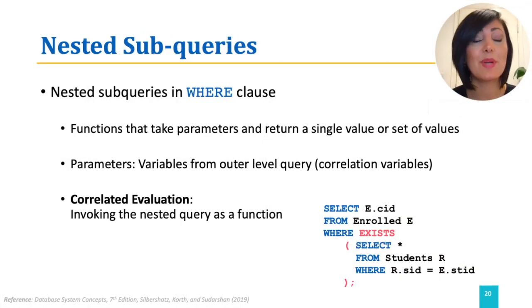Decorrelation is the process of replacing a nested query with a correlation with a query containing joins. In this case, the query can be evaluated by computing the Cartesian product of the relations in the outer from clause and then testing the predicates in the where clause for each tuple in the product. However, when correlated variables are involved, this process is a lot more complex.